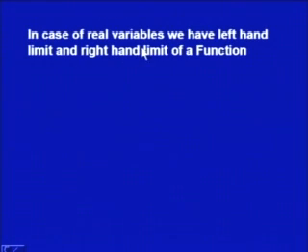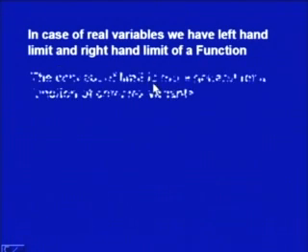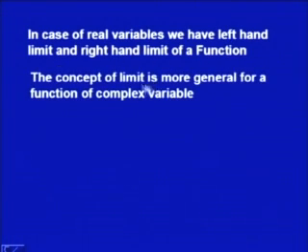In case of real variables, we have left hand limit and right hand limit of a function. However, in case of complex variables, the concept of limit is more general and we will not have only left hand limit and right hand limit.